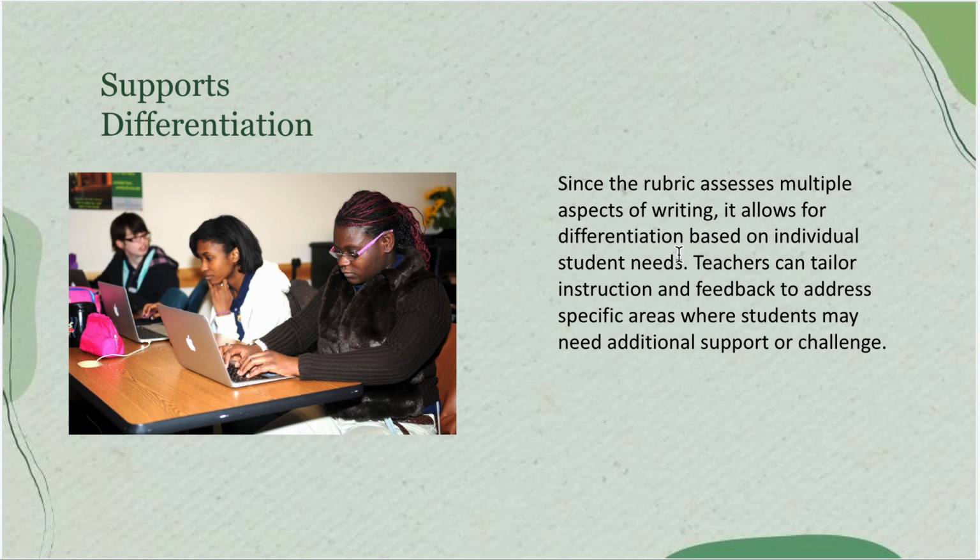So it goes a little bit deeper rather than the student is not citing textual evidence. Well, why is the student not citing textual evidence? Is it because they're still struggling to grasp the concept? Is it a fluency issue? Or is it something like word choice where they're having maybe a tough time coming up with the things that they want to say? So again, it really zooms in on what each individual student needs and gives you more clarity about where you need to support.